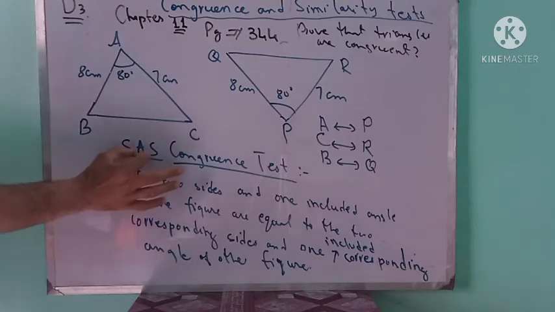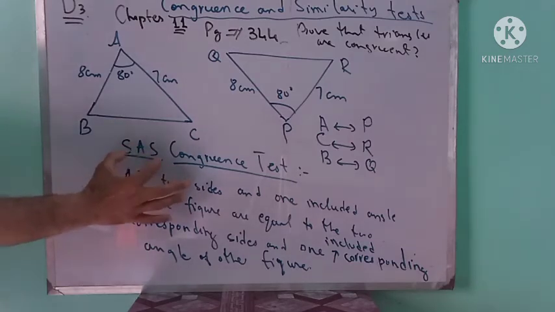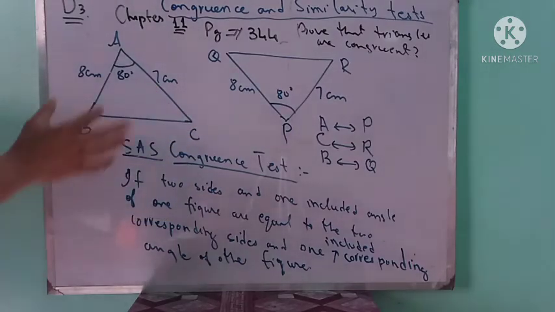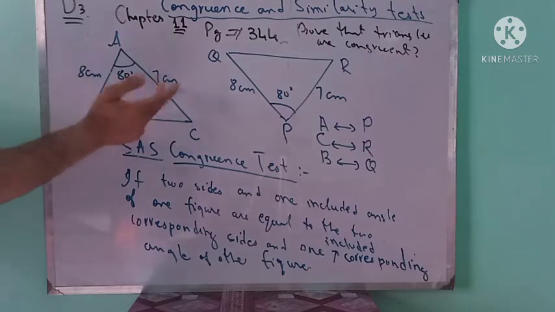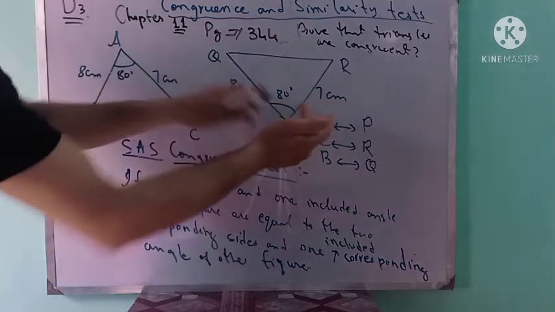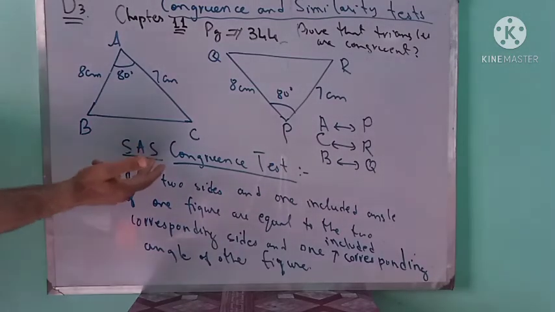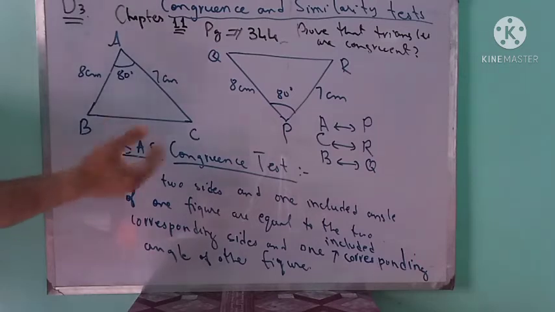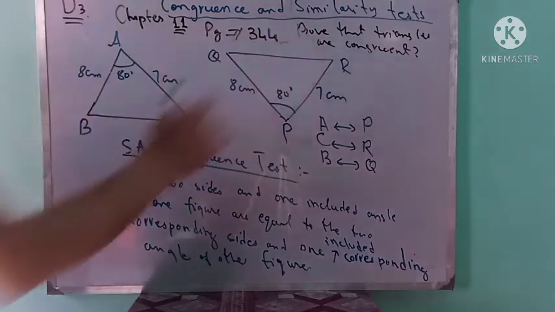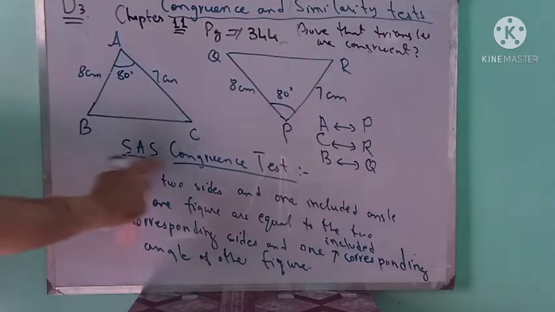So this angle is the included angle, and it should be between the two corresponding equal sides in both figures. And we have proved that the 80 angle is between the two corresponding equal sides. So the rule is applying in these two figures, and this test is fully applying in these two triangles. So these two triangles are called congruent triangles, because triangle ABC and triangle PQR have this test, SAS.